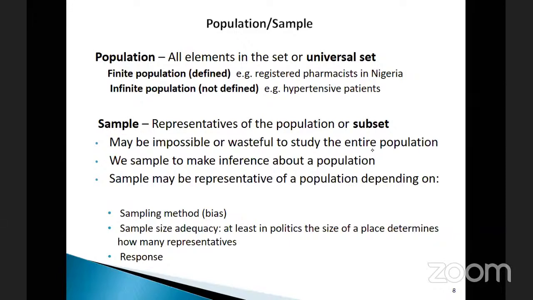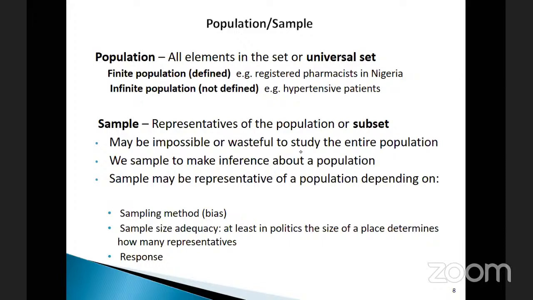So these three key things about sample to make it representative of a population. One, the method of sampling. Two, the sample size. There's a minimum number for it to be adequate. And then three, the response of the sample.